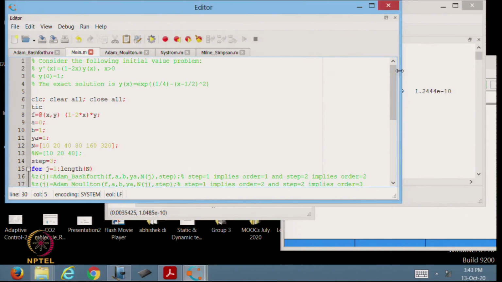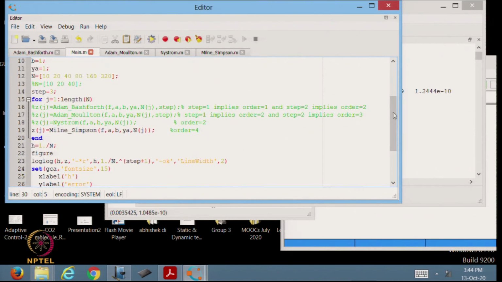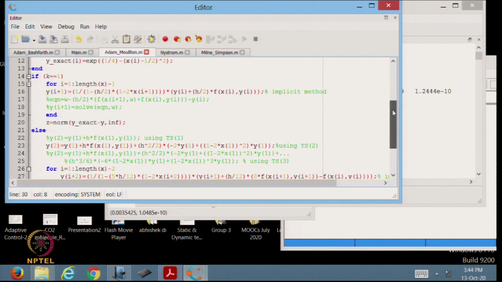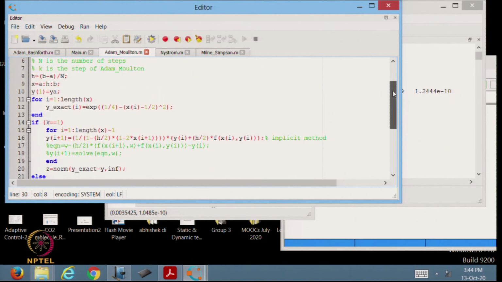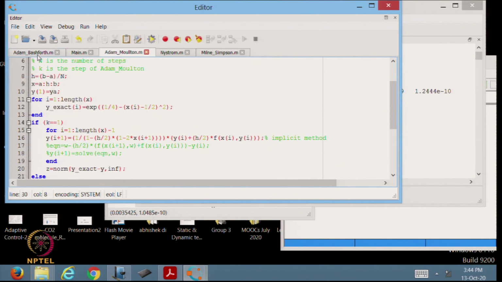Of course, if you want to work out different examples, you have to change the right hand side, and correspondingly you have to change the functions also, because in the functions, sometimes to predict TS1, TS2, we have also computed the derivative of the right hand side. So, correspondingly you have to change in all those 4 routines.